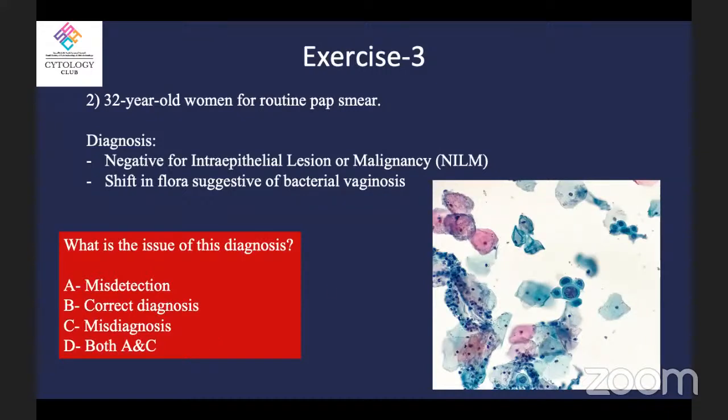So the majority go with the correct diagnosis. Okay, thank you, Mr. Abdelbasit. Actually, the correct answer is C, misdiagnosis, where the cytoscreener saw this group, which is actually high grade, and considered it as metaplastic cells.